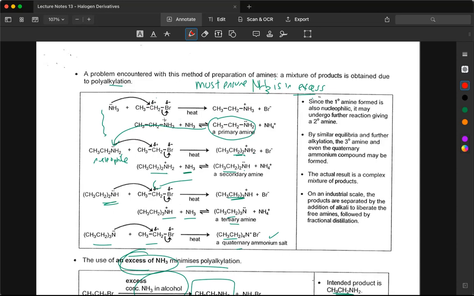Then this one reacts with excess ammonia to form NH2. So it's a proton transfer according to the previous page. The H is transferred in a reversible reaction.